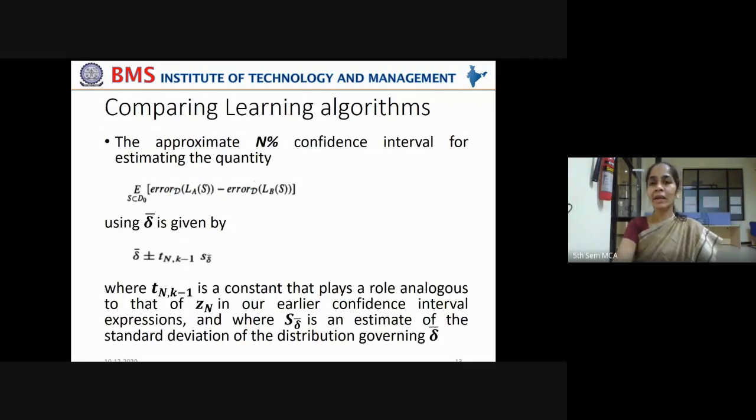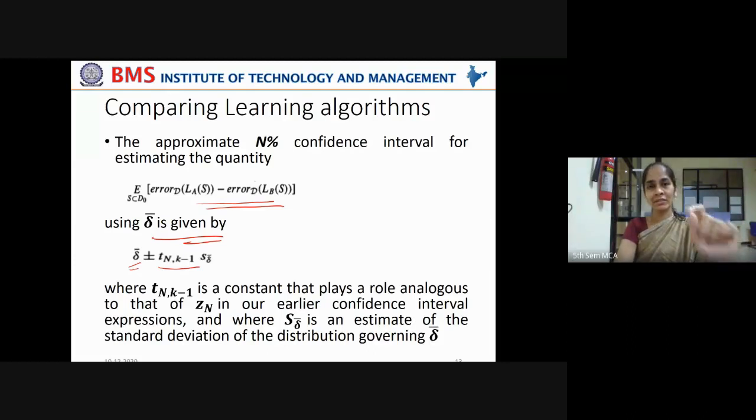Now, the approximate n% confidence interval for estimating the quantity for this particular measure using delta bar is given by, you know what is delta bar now? It is the mean of errors across all the iterations between the two learning algorithms. So delta bar plus or minus Tn comma k minus 1 S delta bar. Understand this carefully. I am explaining each and every mathematical term involved.